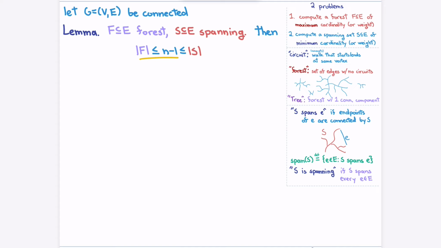I think maybe this is something that's intuitive to many people, maybe not, but at the very least, it's still a matter of trying to articulate it clearly. Okay, suppose F had n edges.